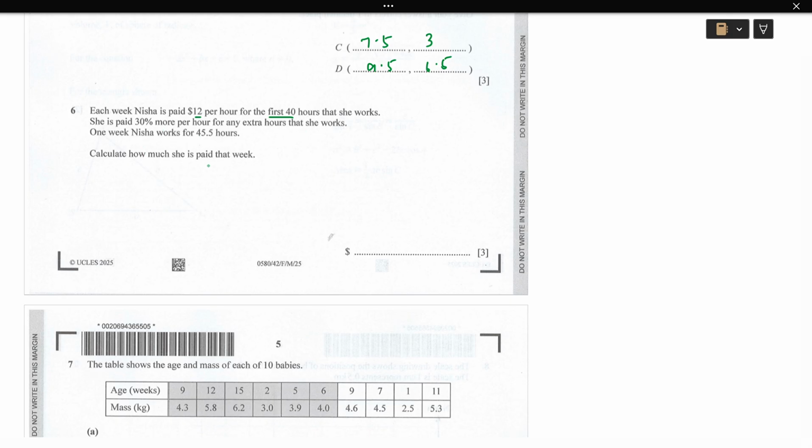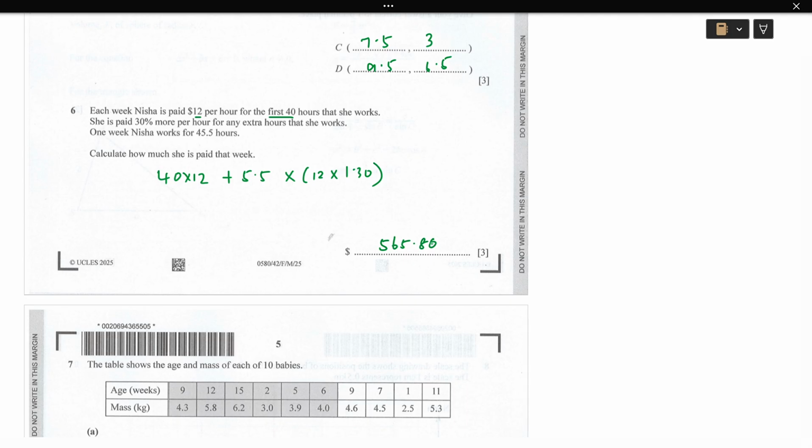So for the first 40 hours she is getting 12, plus the next 5.5 hours more, so she's getting 12 times 1.30. When we calculate, our answer is 565.80. That's the answer.